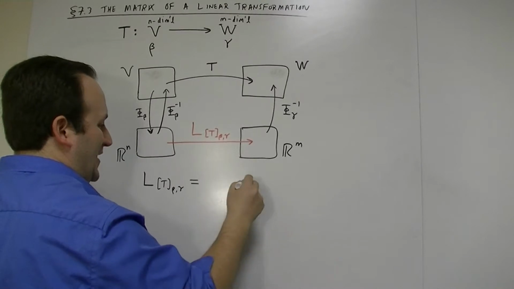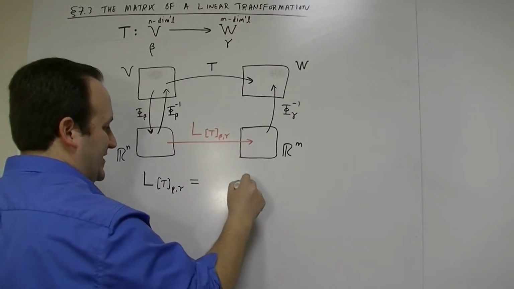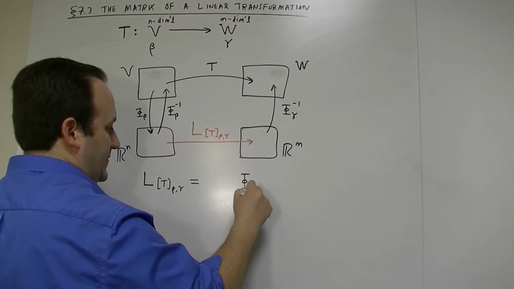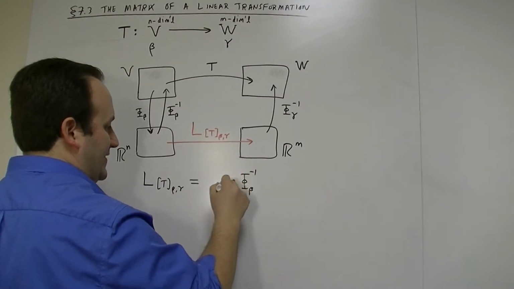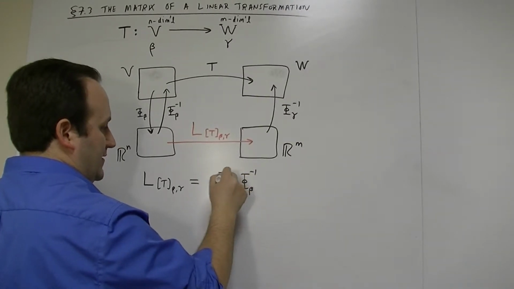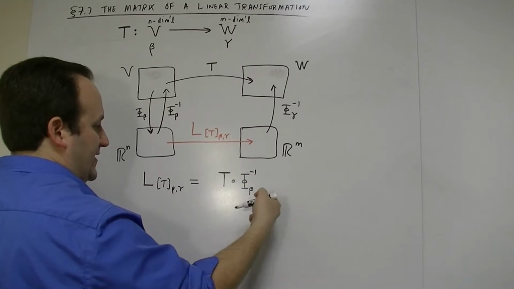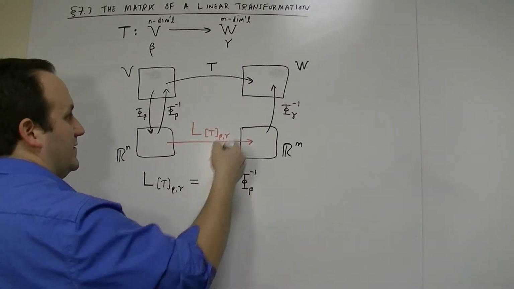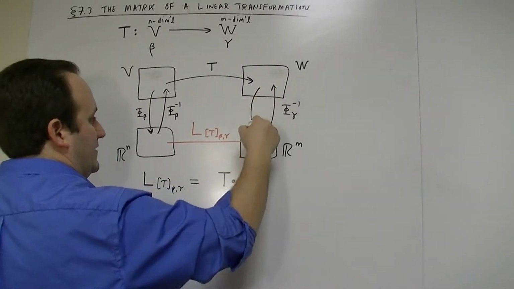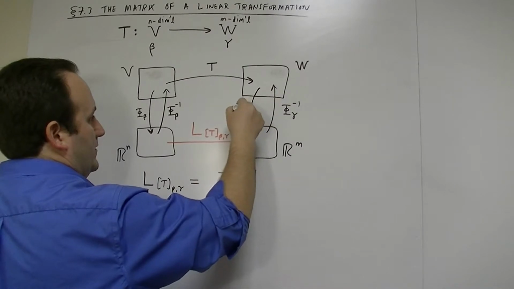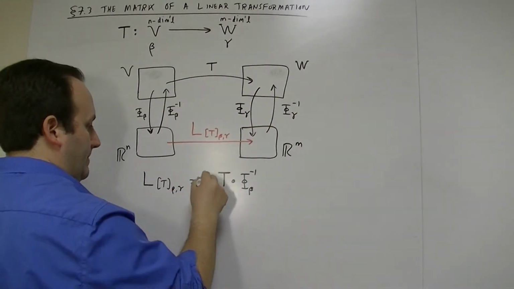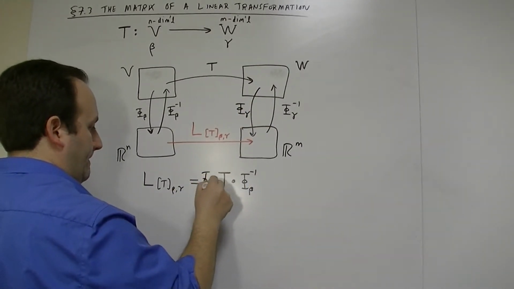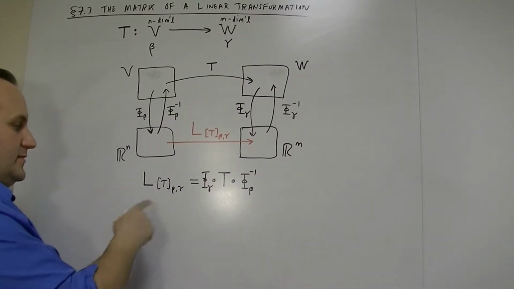Here's the annoying thing about composition of maps: the first shall be last and the last shall be first. So I have to write that one first. Then I do T. And then finally I come back down over here, phi gamma. So that's one way to look at it.